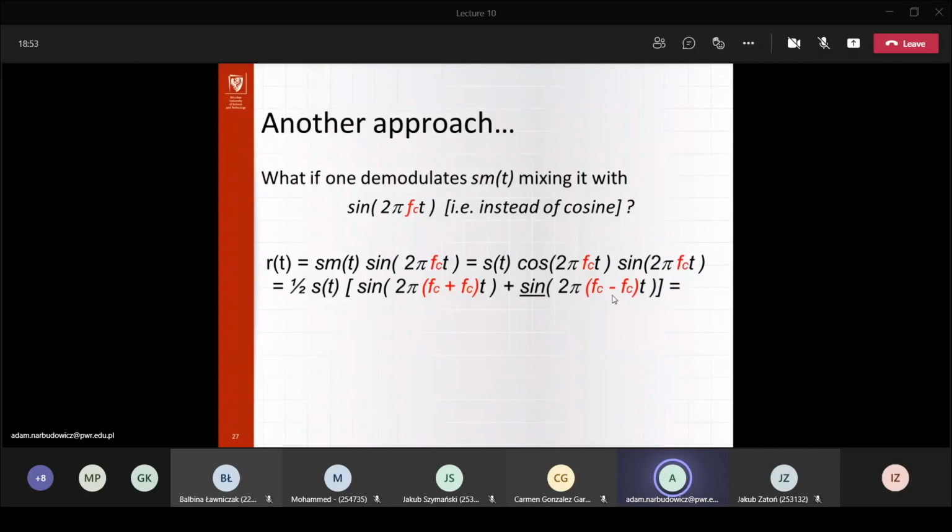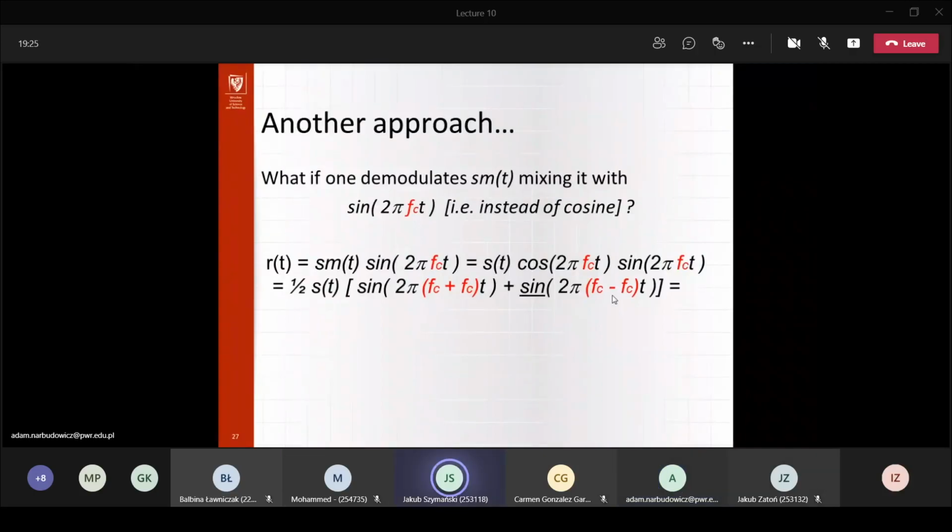This is one of the reasons why we say the cosine and sine functions are orthogonal to each other, because we simply get zero power at DC in baseband. Is this more or less clear to everybody why this happens?